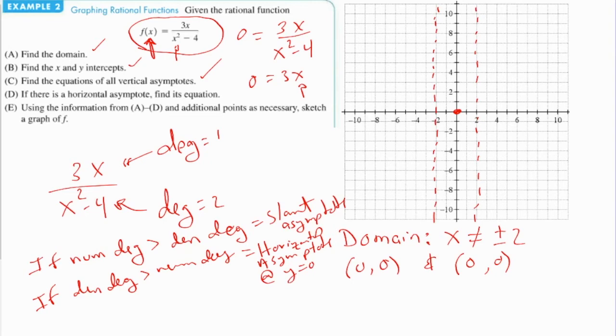And if they have the same degree, so let's for a moment suppose this was 3x squared over x squared minus 4, you take the lead coefficients, and 3 over 1, we take their ratio, and that would tell me there is an asymptote at y equals 3.